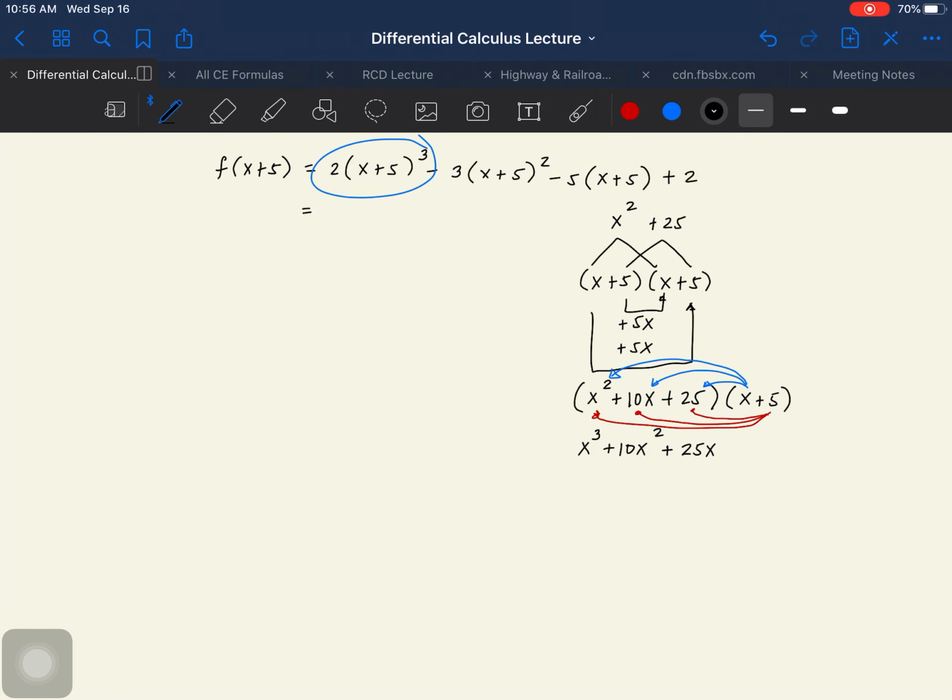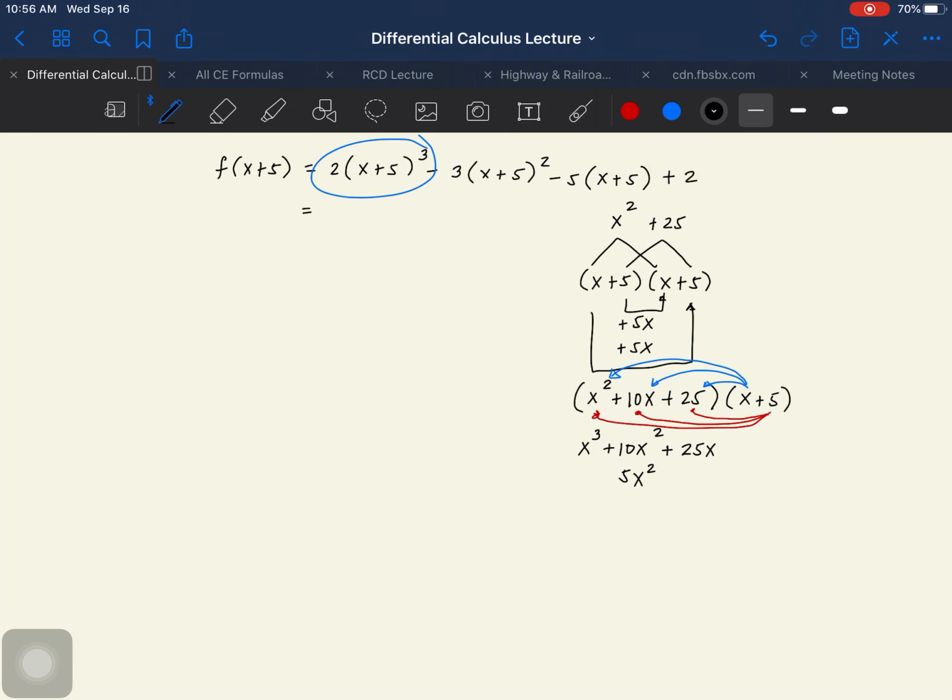What is 5 times x squared? That is 5x squared. Wait, they are two different exponents. So no, don't do that. Let's put 5x squared to where it is similar, and that is 10x. 5x squared and 10x there.